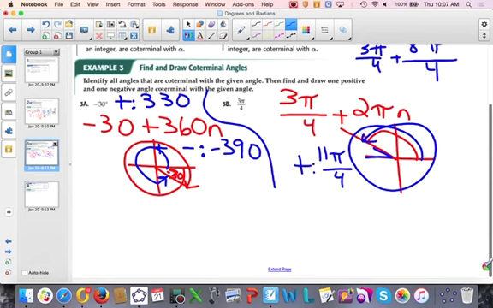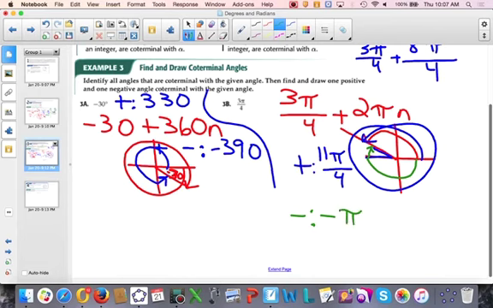And a negative coterminal angle would be starting from here, going this pi, and then this additional pi over 4. So negative would be negative, okay, let's go through that one more time.